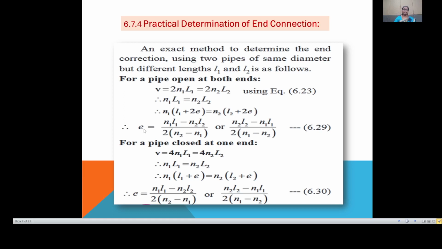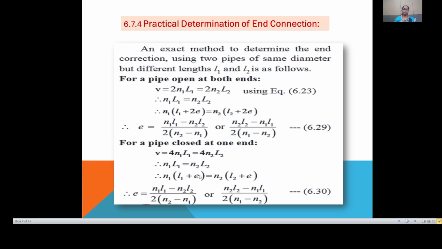Then the final equation we get is E is equal to (N1L1 minus N2L2) divided by 2(N2 minus N1), or (N2L2 minus N1L1) divided by 2(N1 minus N2). This is the end correction for a pipe open at both ends.